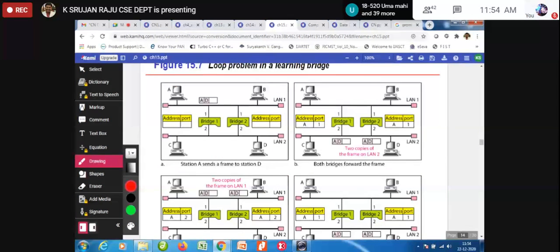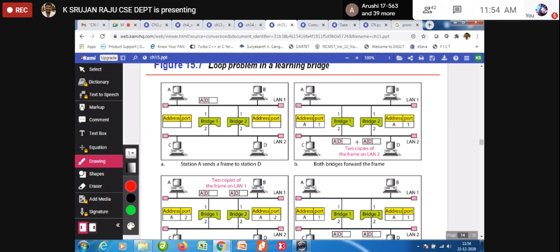Here A is sending, a table is prepared, and the frame comes to bridge 1, and in the same way bridge 2 is also getting it. So now you see what is happening in LAN 2: two copies of the frame are on LAN 2.